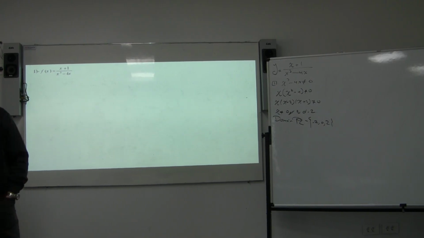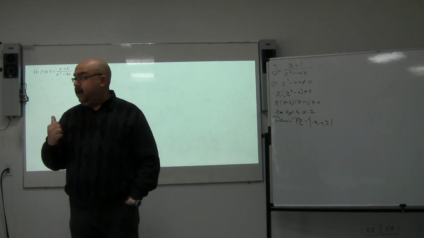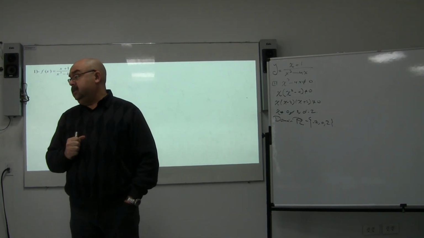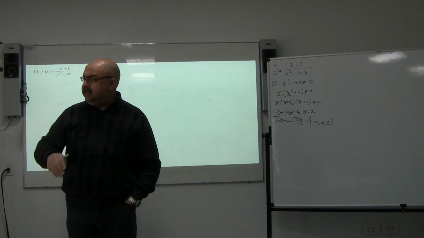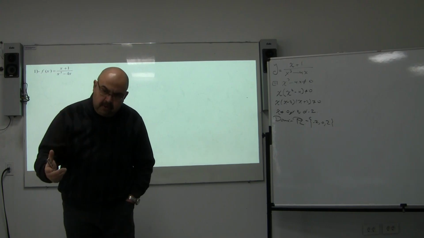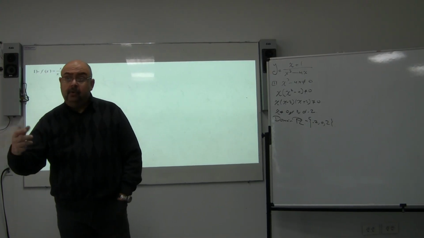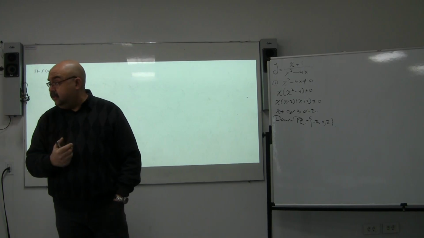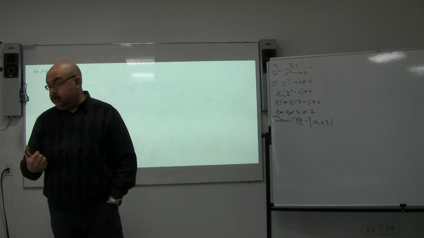This actually works well also with the main form that we talked about the day after yesterday, that's y minus b equals k over x minus a. You start by determining the vertical asymptote and the horizontal asymptote. Then you look at the value of k. If it was positive, your graph will be within the first and third quadrants. If it was negative, it's going to be within the second and fourth quadrants.